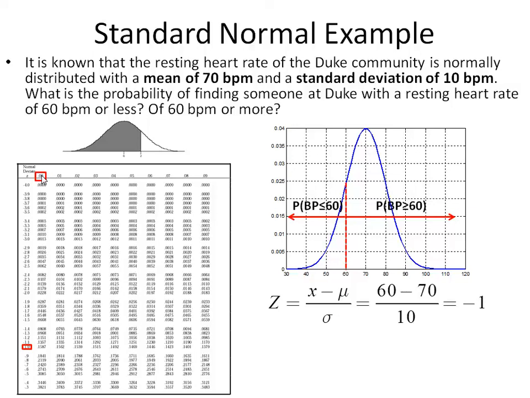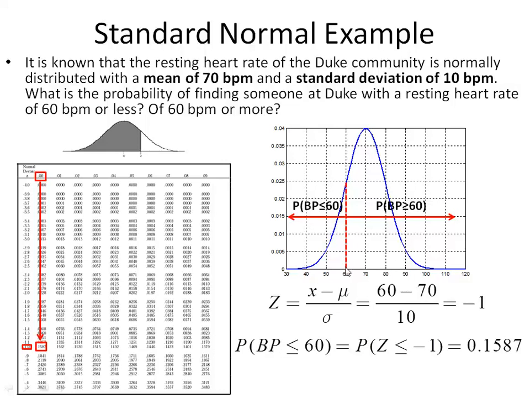So this gives you the hundredths spot. And so we look to see where those two intersect, and it's right here at 0.1587. So what that says is that the probability on a standard normal distribution, the area under the curve starting at -1 and going towards -infinity, is 0.1587.